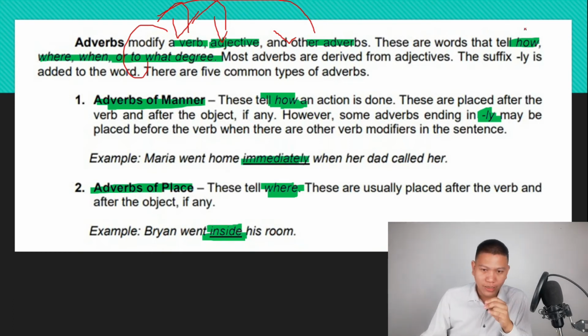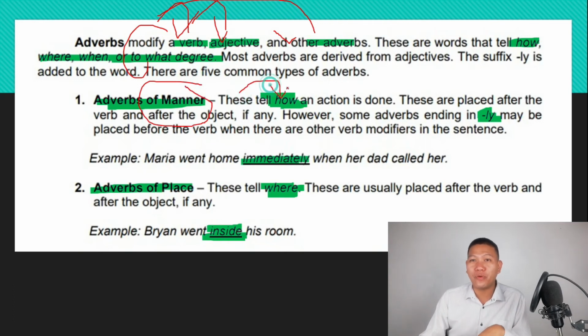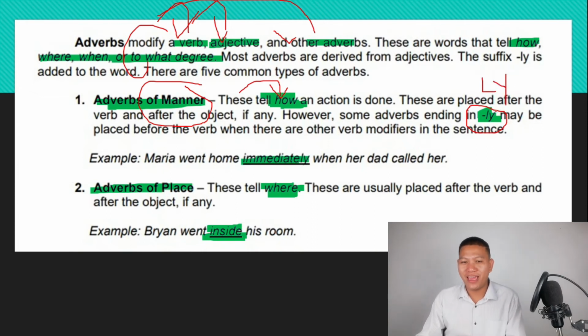Okay? Now there are 5 common types of adverbs. Let's talk about each of them. First one is adverb of manner. So manner, it answers the question how. How was the action done? Okay? Normally, adverbs of manner end in letters ly. Okay?